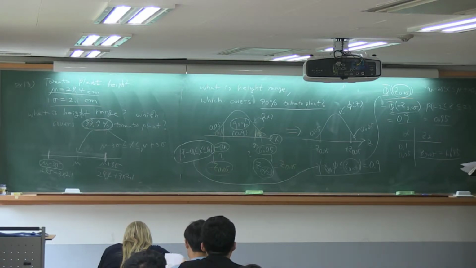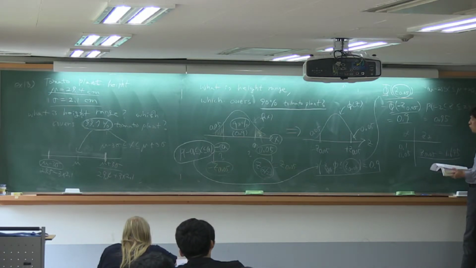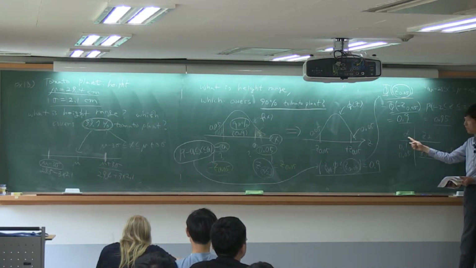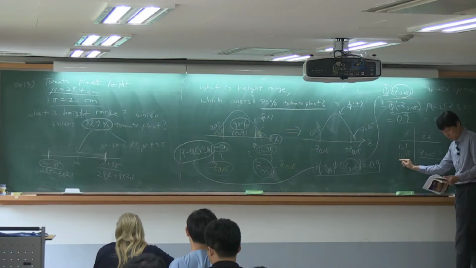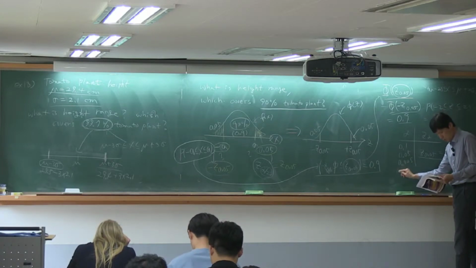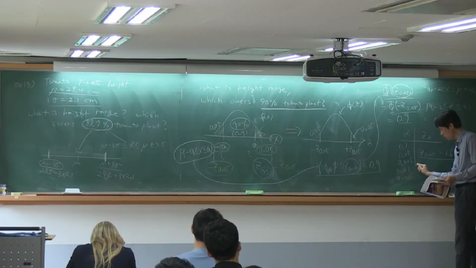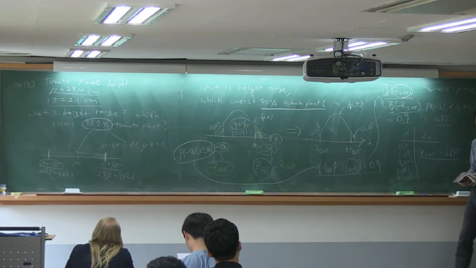You can find it in the table also. But usually the critical points for alpha 0.1, 0.05, 0.025, 0.01 and 0.005 are given in the table.